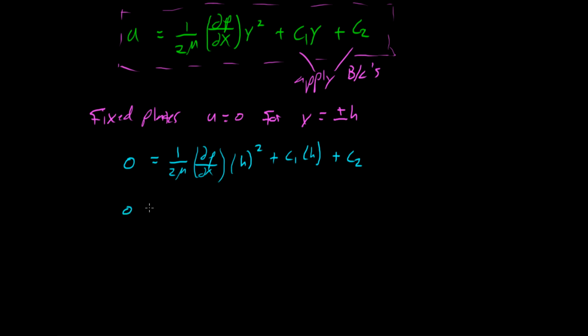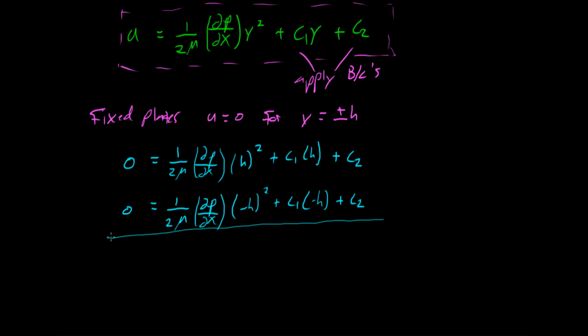We can also apply this same condition at minus h, as 1 over 2 mu dp dx. Now we're going to do it at minus h. So we've got now two equations, two unknowns. We can solve these. The easiest way to do that is to just add these two equations together, going back to algebra school here for a minute. The squared is inside here, so that gets away, and so we're just going to get two of those. In other words, the 1 over 2 goes away.